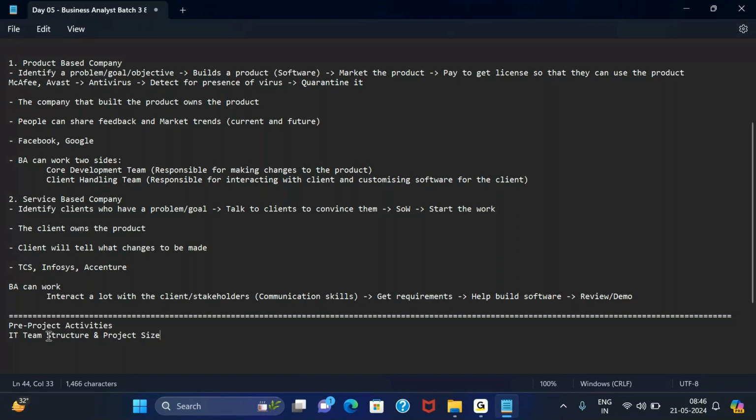When we go through these, they should form our basics of the IT industry: what to expect, what not to expect. Then we will talk about the skills part, what skills I need in myself to be working as a business analyst. Once we are done with these basic concepts, we will gradually move on to more advanced concepts related to BA.